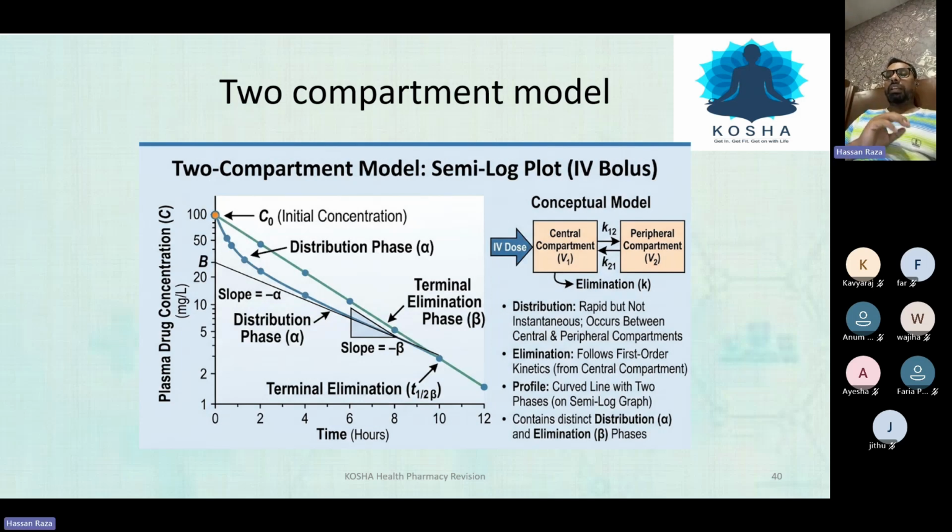Like 90% of drugs are not instantaneously distributed, or they get stuck with the albumin. There are many drugs which have a distribution phase, and any drug which has a distribution phase will follow a two compartment model, like vancomycin, like gentamicin. There are many antibiotics and other drugs. They all follow the two compartment model.